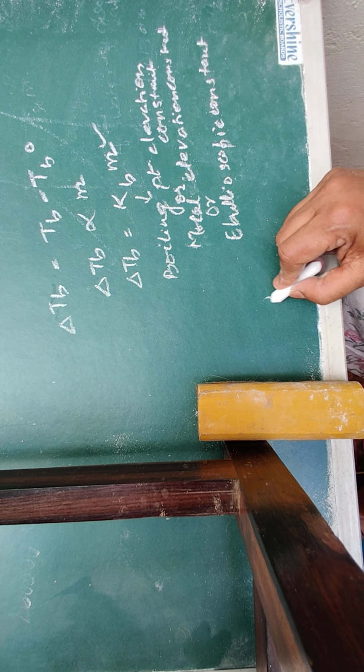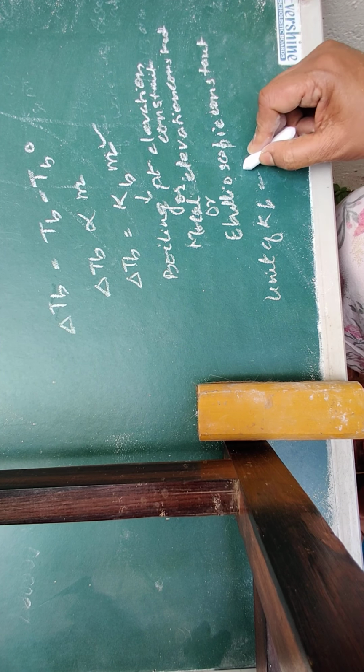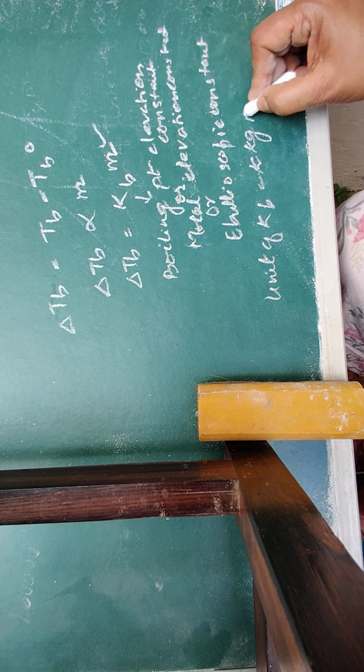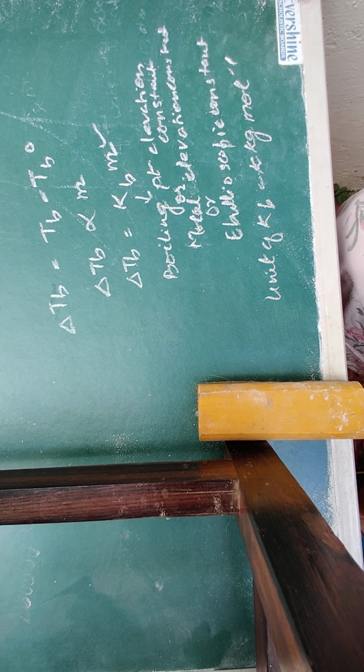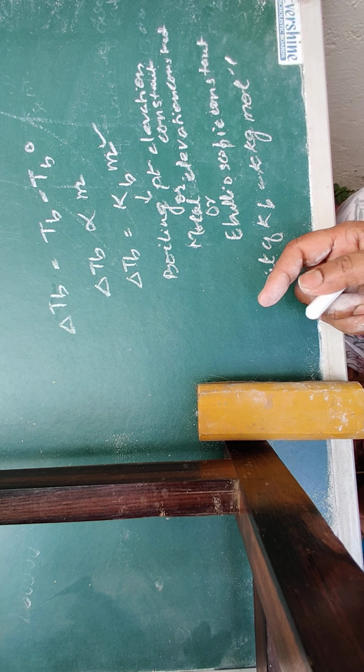So what is the unit of Kb? It will be Kelvin kilogram per mole. So elevation in boiling point is directly proportional to molality.